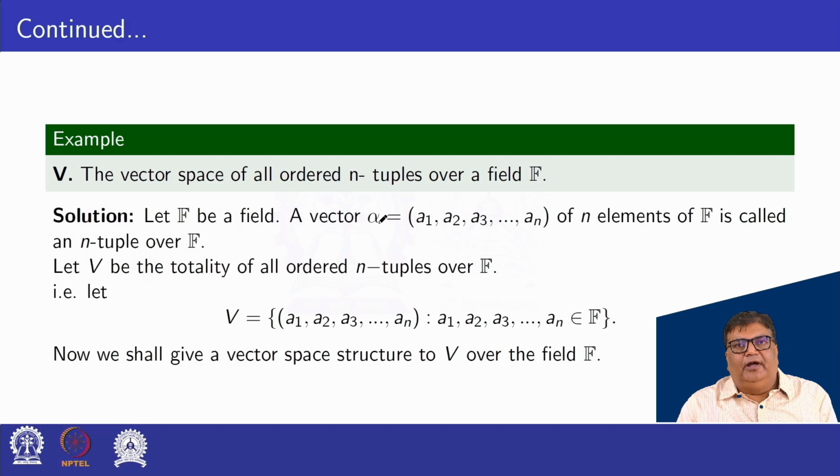A vector alpha equal to an n-tuple of scalars (a1, a2, a3, and so on up to an) is called an n-tuple over F. Let V be the totality of all ordered n-tuples over F. Now we shall give a vector space structure to V over the field F. That is, we have to check all the conditions of a vector space.